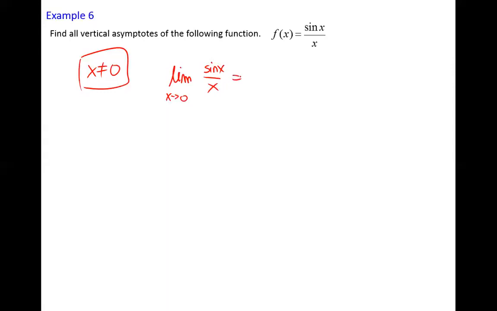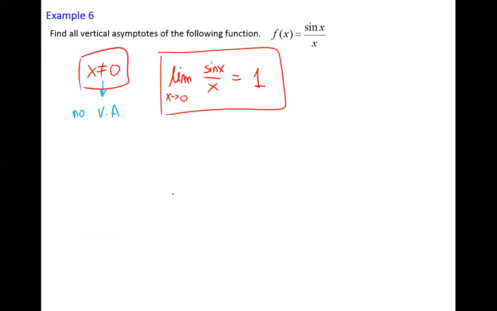And we recognize this limit, sine of x over x at 0 is 1. That means this limit is not infinity. The values are approaching 1, not unbounded, not infinity. That means at 0 we do not have a vertical asymptote.